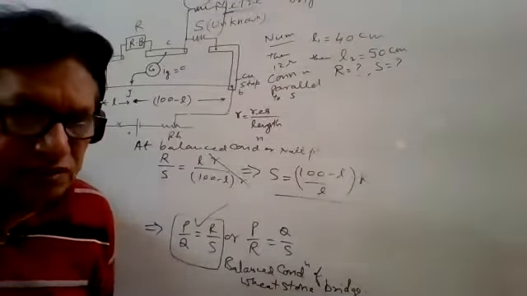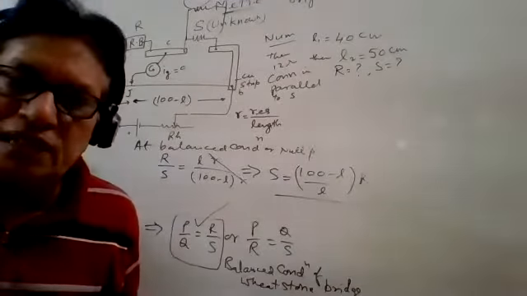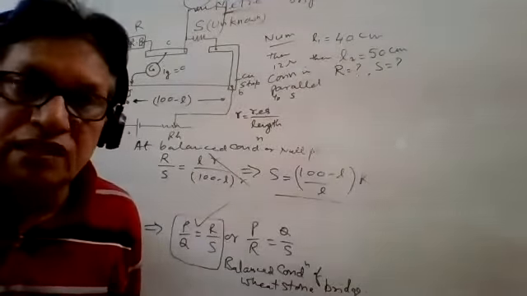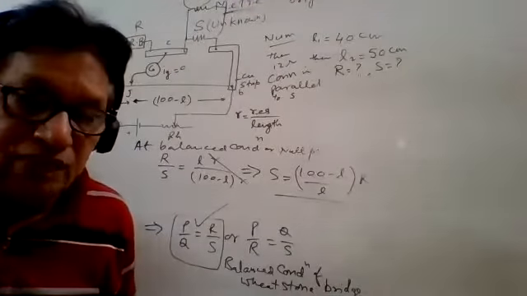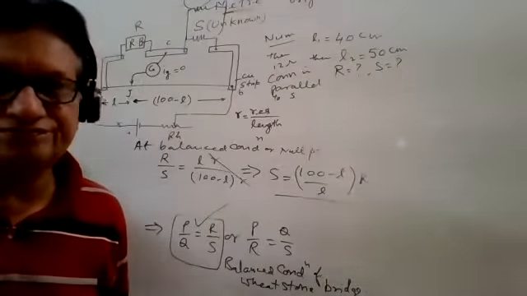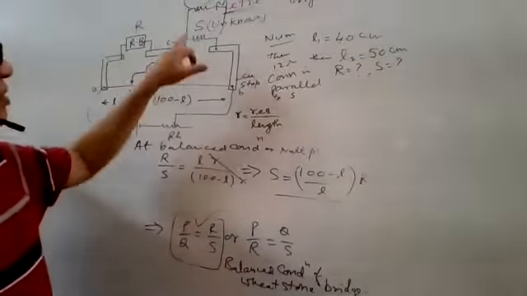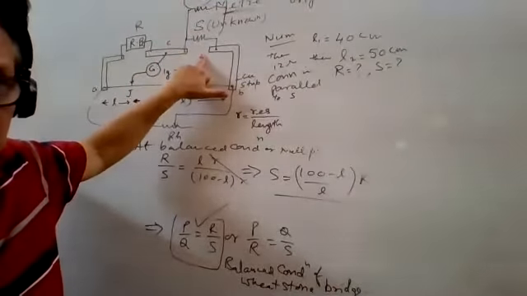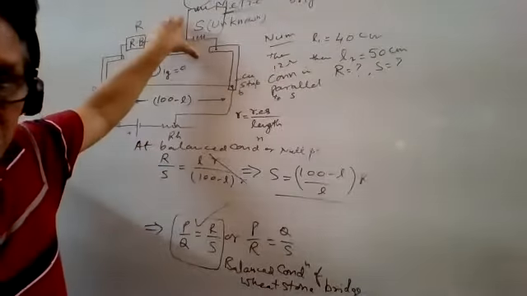We understand this. You can solve the numerical problem without solving the problem. You know whether the balance point should shift towards right or left. Suppose here we have connected across this S in parallel.